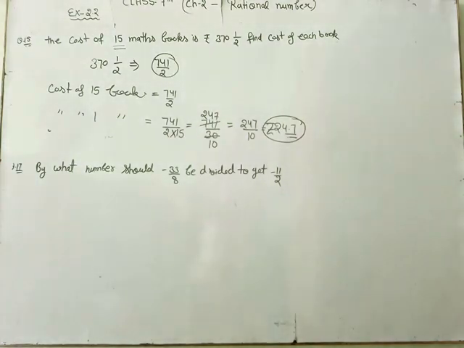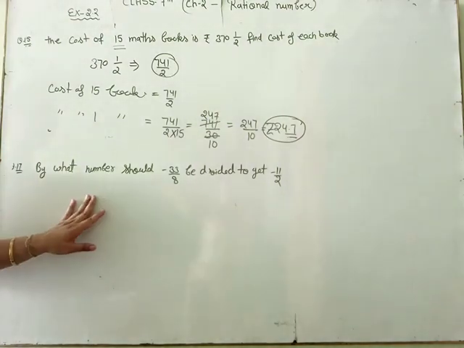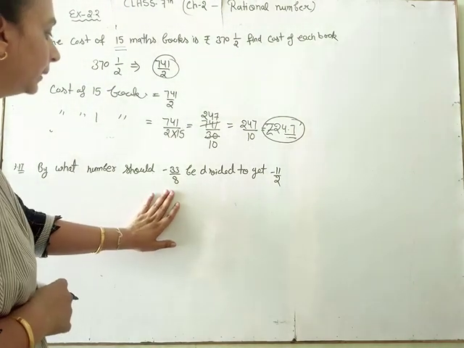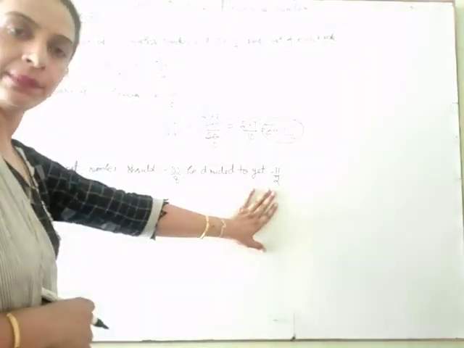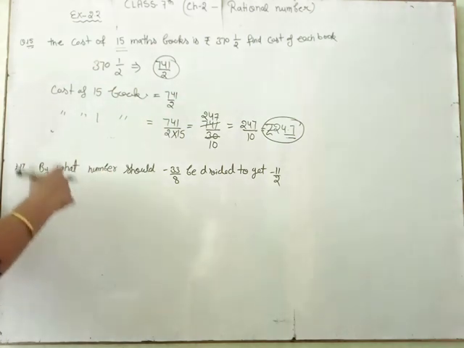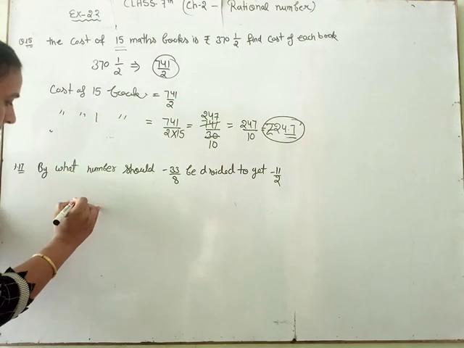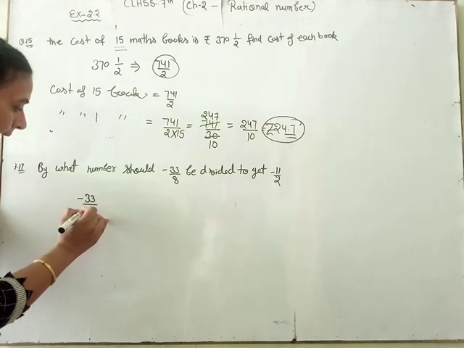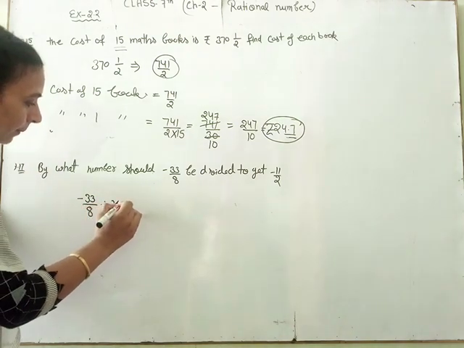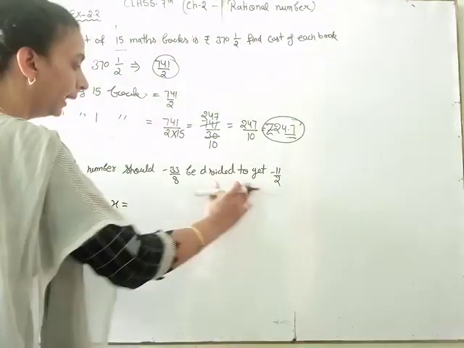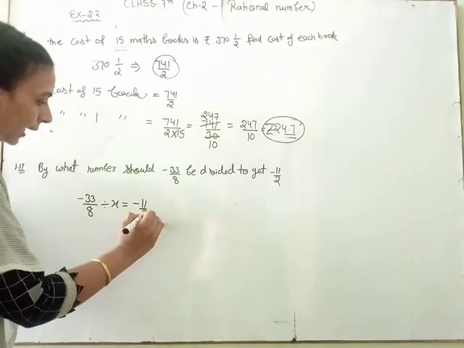Okay, next is: by what number? So minus 33/8 we divide to get minus 11/2. Okay, let that number be x. Minus 33/8 divided by x and we get minus 11/2.